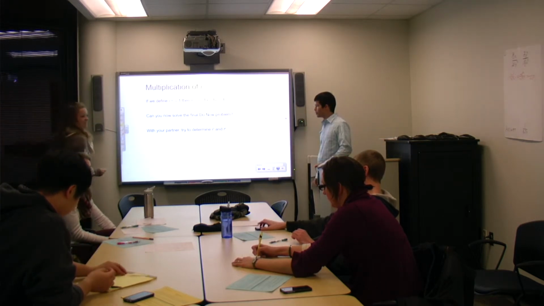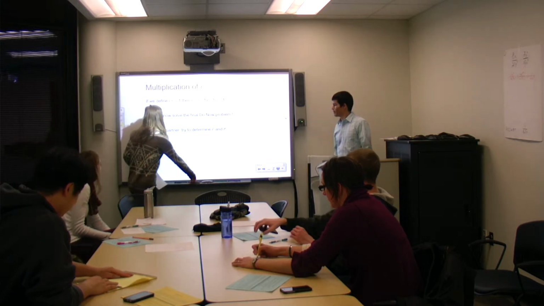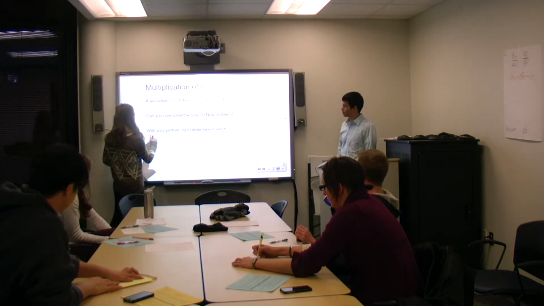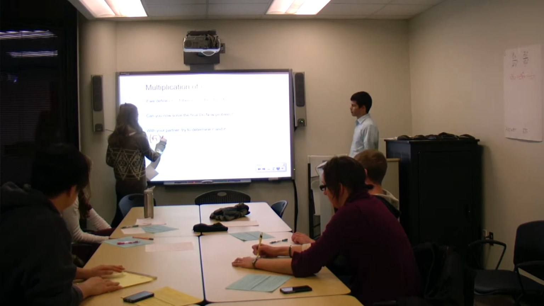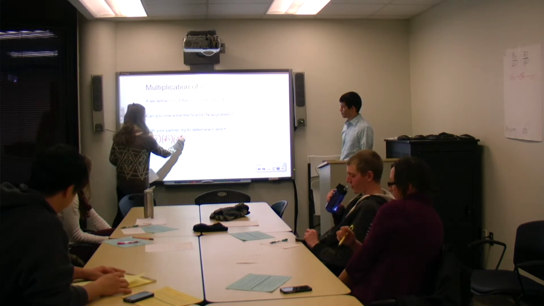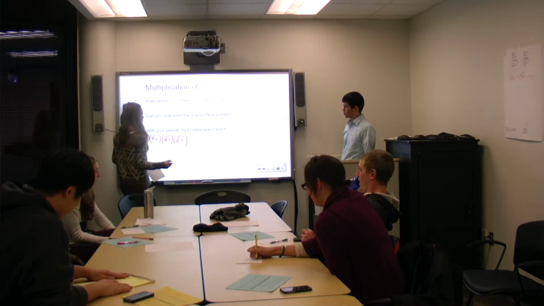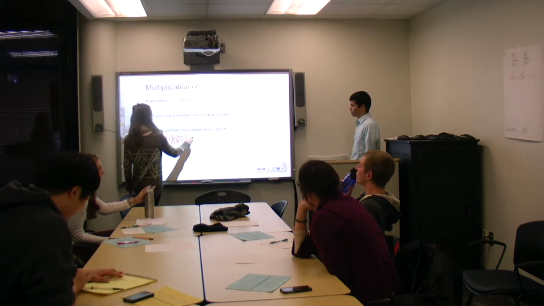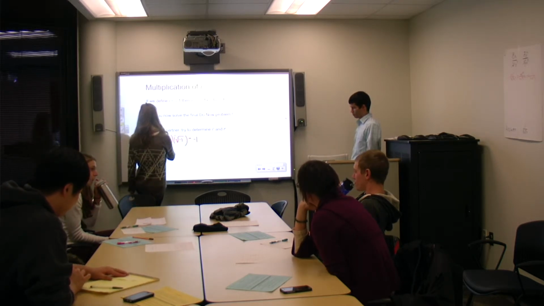How did you and Kelly solve this? Okay, so I just rewrote it again. Then we said that one of these equals -1, or two of these, I mean.